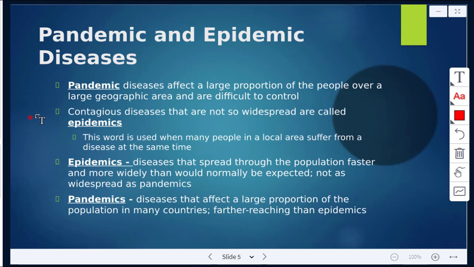So contagious diseases that are not so widespread are called epidemics. For example, when many people in a local area suffer from a disease at the same time, that would be an epidemic. But if it's affecting a large proportion of the population in many, many countries, then it's a pandemic.